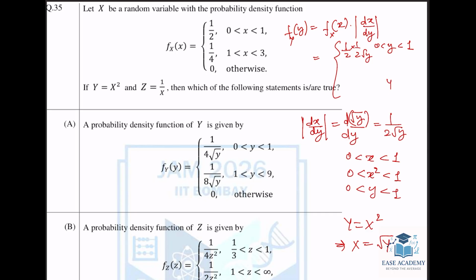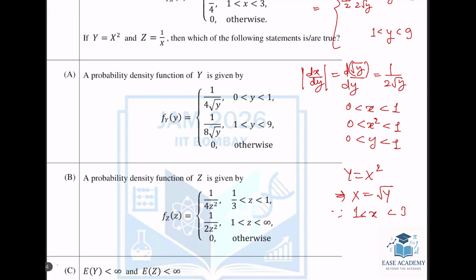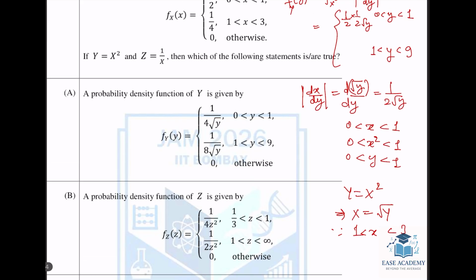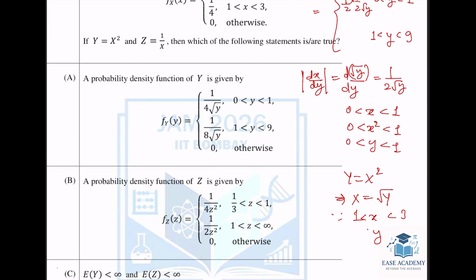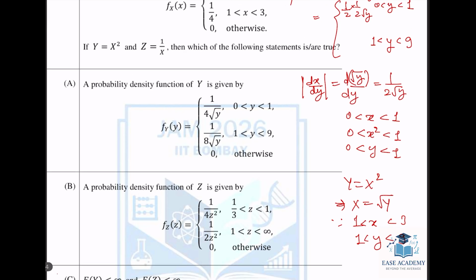Now for Y from 1 to 9, since X is from 1 to 3 and X is taking positive values only, we can take the square on both sides. Then Y will be 1 to 9.